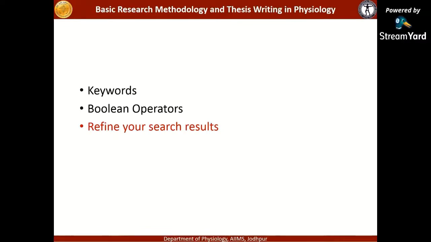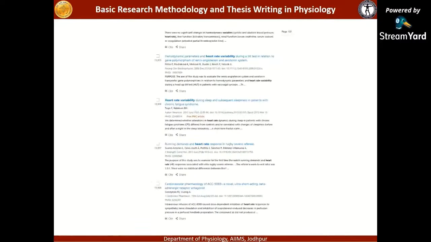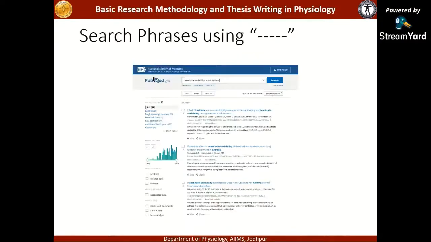our search results. When we go down, we realize that though we have put in heart rate variability as a parameter, as a keyword, it is picking up either of the 3 words this keyword has. So what to do? You have to use quotes. That quote will take more than one word as a phrase and search it.